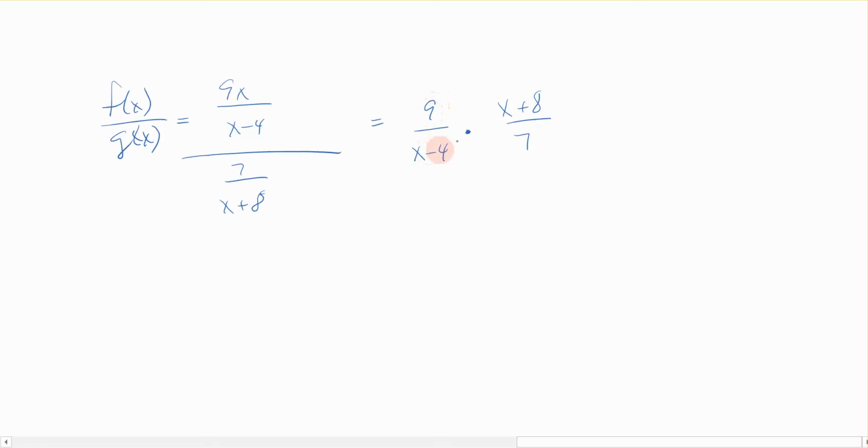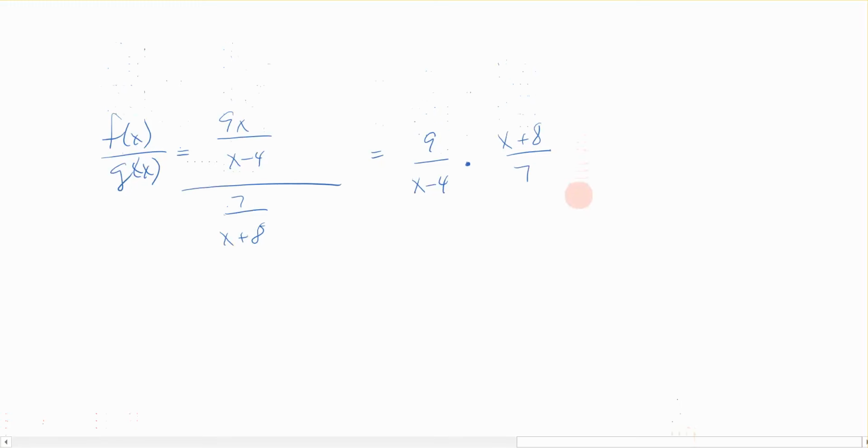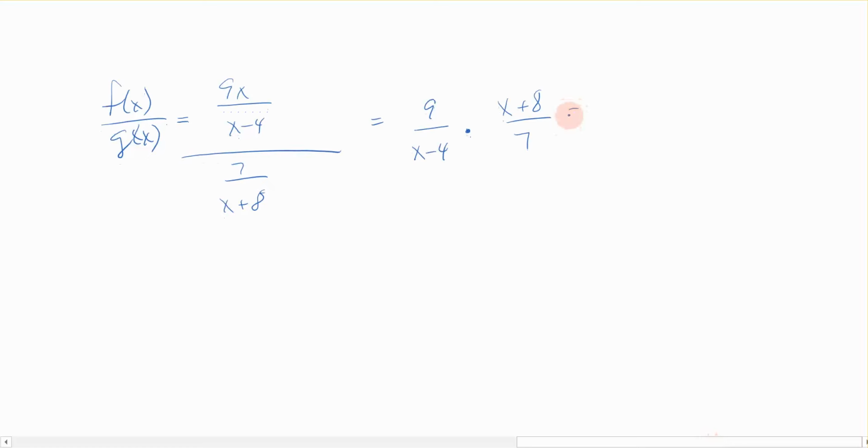Now that I have this changed into multiplication, I simply multiply numerator to numerator, so 9 times x plus 8, divided by 7 times x minus 4. And that is the quotient of these two functions. This is the new function I've created. I can't reduce anything, so we just leave it as it is.